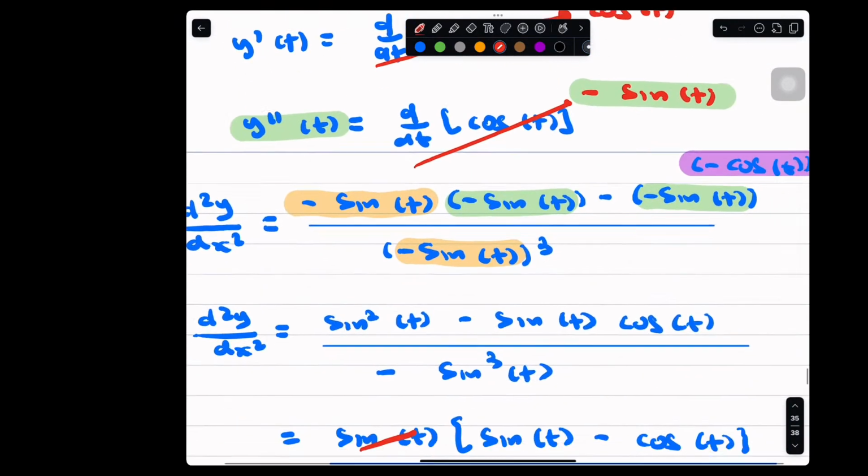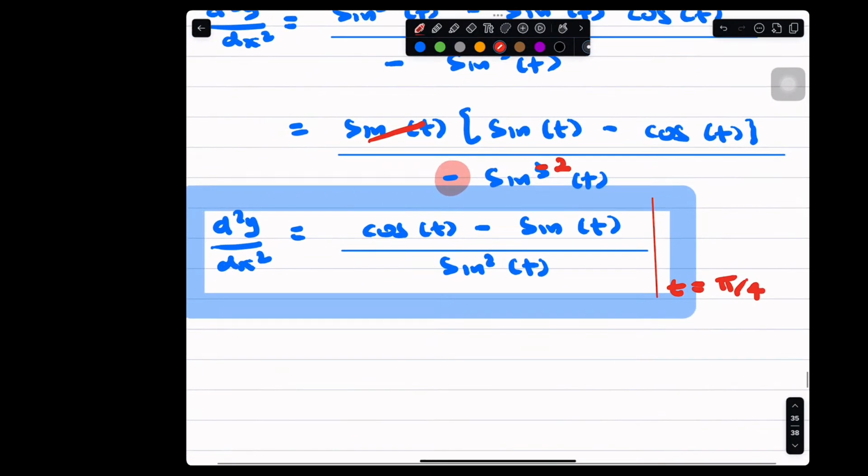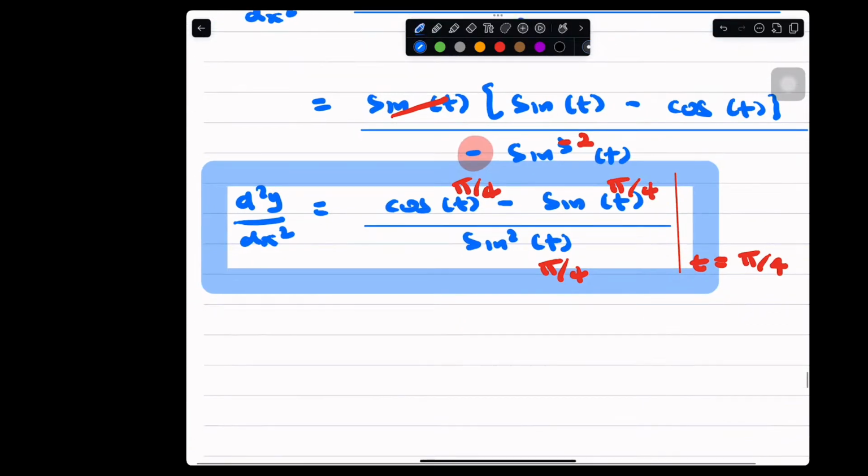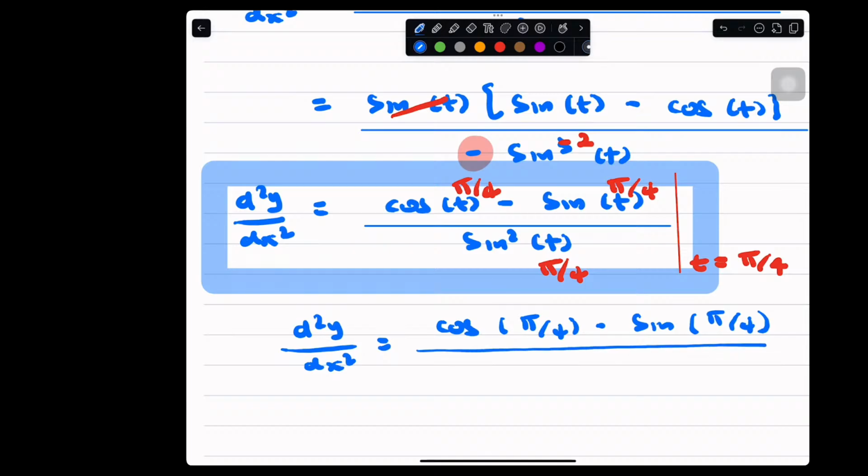So, plug in pi over 4 wherever there is a t, and now you get that second derivative to be cosine pi over 4 minus sine pi over 4 over sine squared pi over 4.